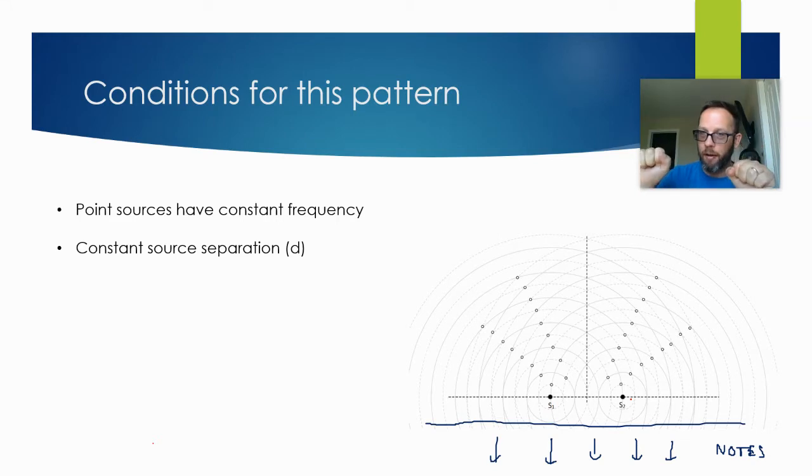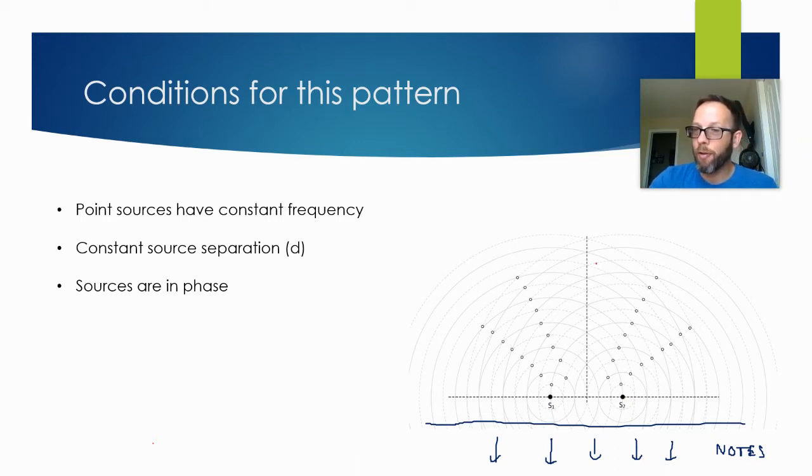They're fixed in space, same spot, constant source separation. And the third point is the sources are in phase. So it can't be offset, they have to drip together. It has to be the same frequency to produce this pattern. So those are the three conditions to get this pattern.